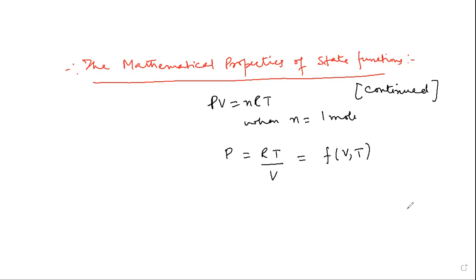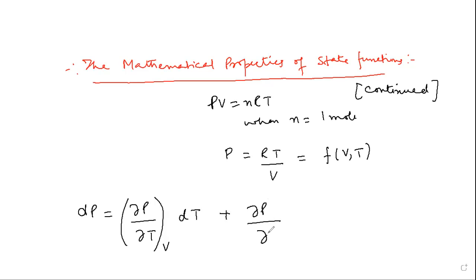Then we evaluated partial derivatives and we wrote this equation: dP is equal to ∂P by ∂T at constant V dT plus ∂P by ∂V at constant T dV.